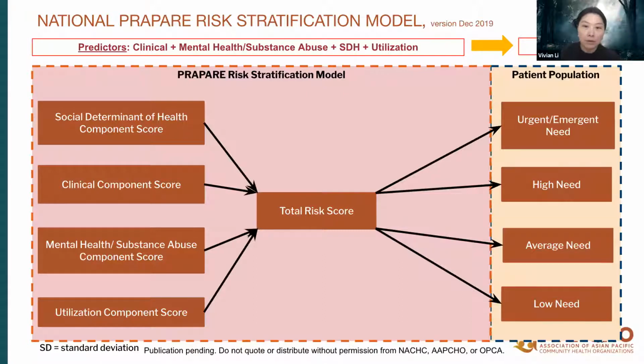So this is a graphical representation of the risk stratification model. It includes 4 components, as I mentioned before, defined by measures in each of these 4 components. There are 7 measures in the clinical component, 7 measures in the mental health and substance abuse component.